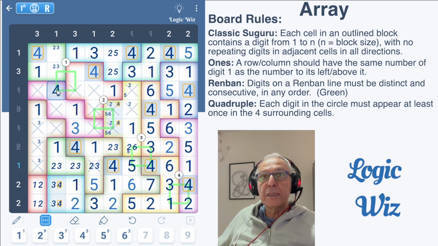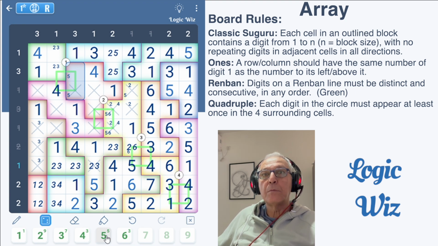Four is already on it. 1 cannot be on the line, so 5 must be here on the Renban line. Let's pencil it here. Four, 5, 2 over 6.